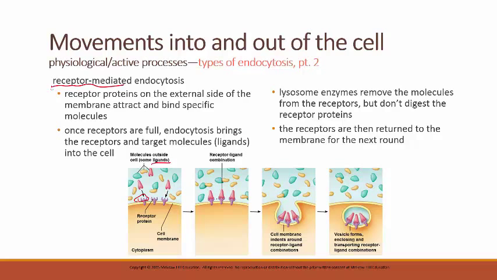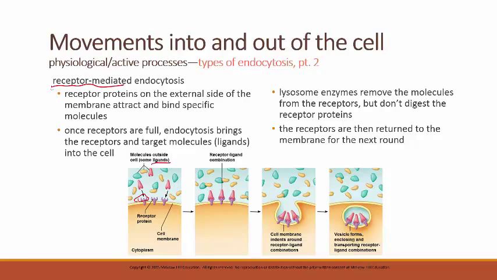So once all the receptors in that area of the cell membrane are full, so they now have this receptor-ligand complex, once all the receptors are full of ligand, and again, ligand is a general term for something that will bind to a receptor. It doesn't mean a specific material.